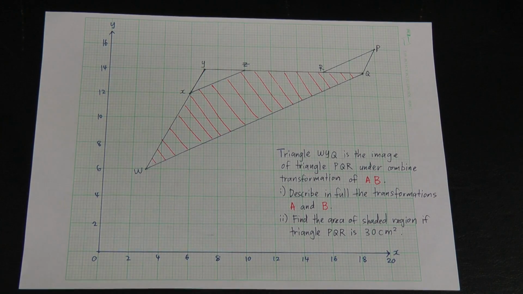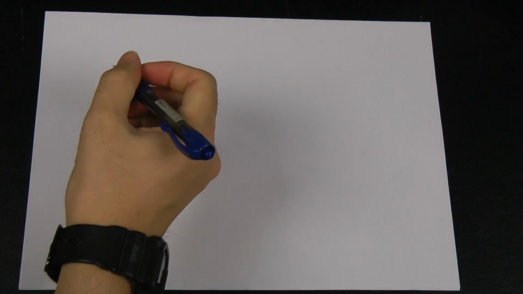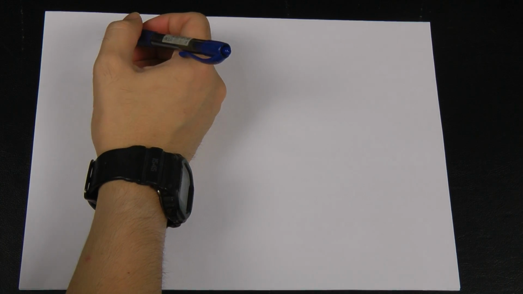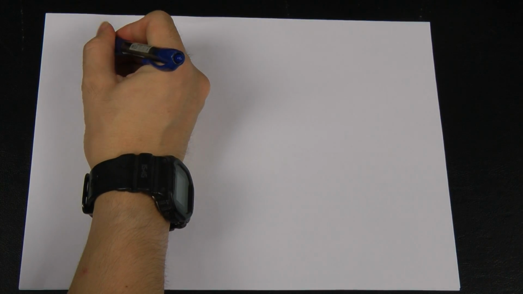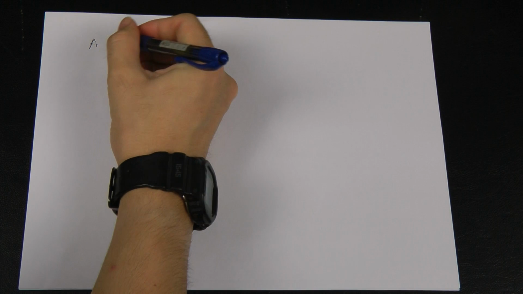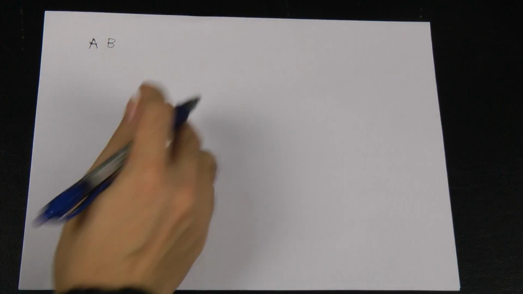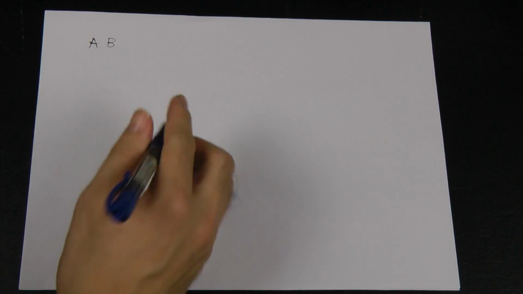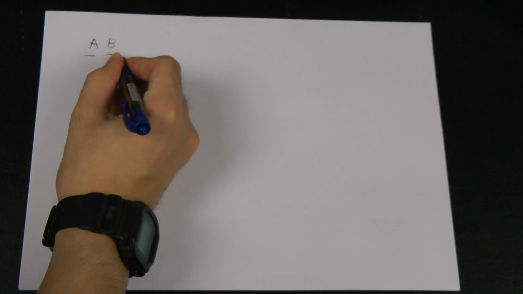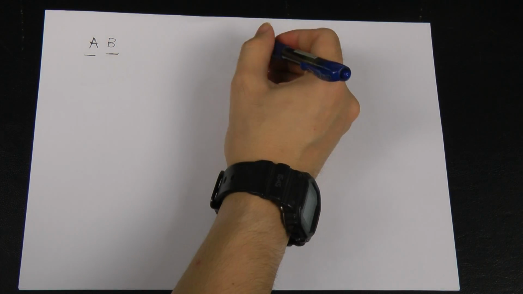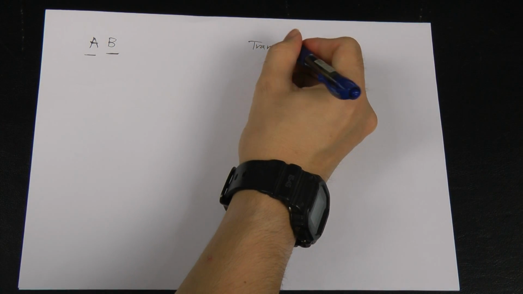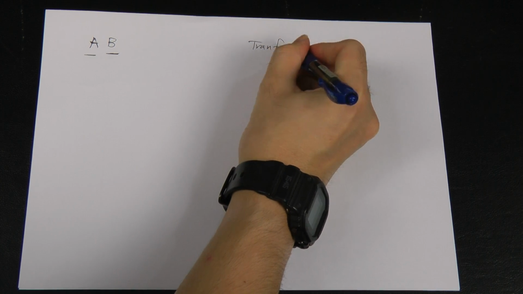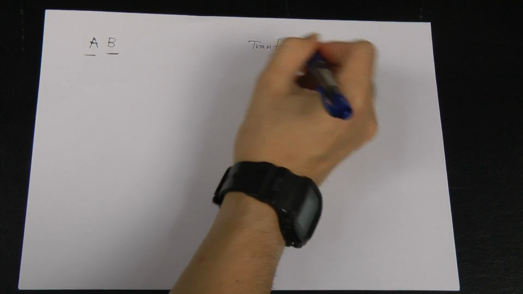Okay, so let me just put another paper here. In order to do that, you need to understand, whenever you have a combined transformation, let's say you have A and B, two different transformations.